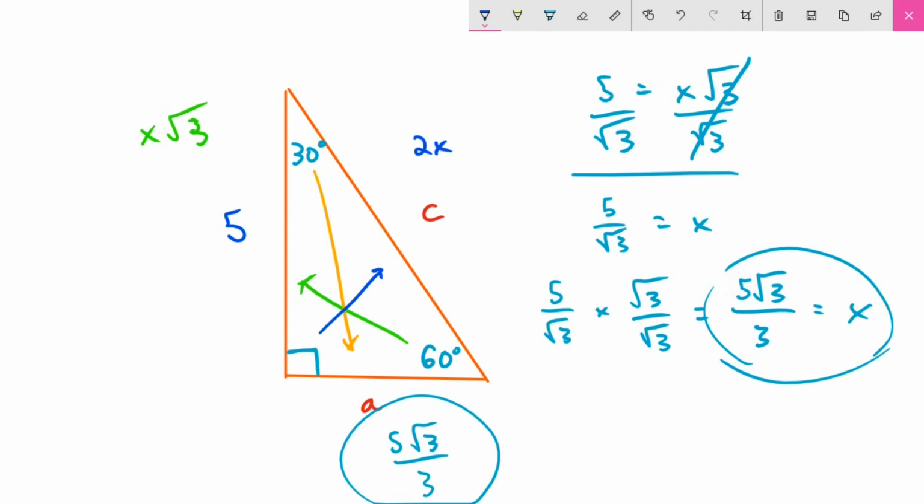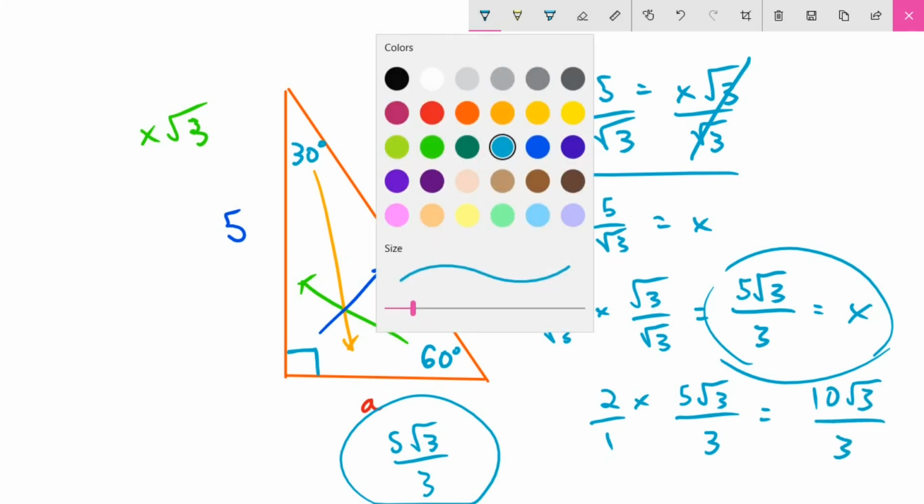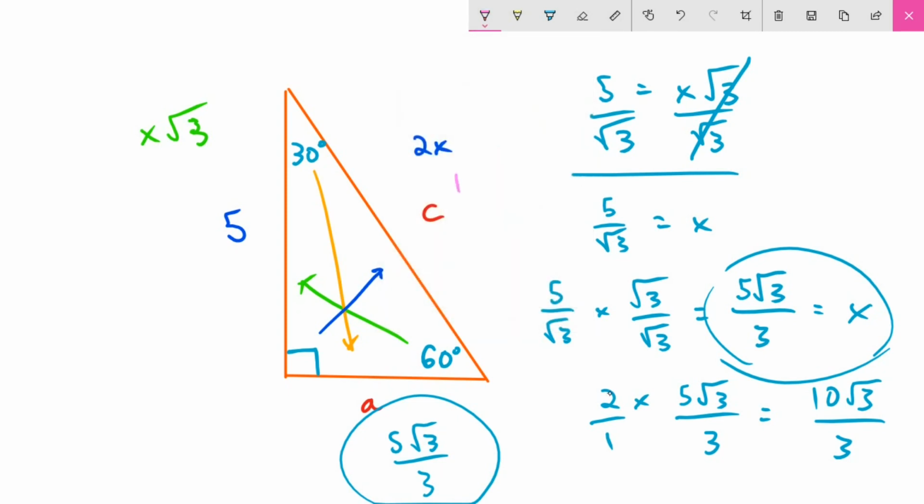All I have to do is multiply that by 2. So 2 times 5 square roots of 3 over 3 would equal 10 square roots of 3 over 3. So my c, the side length over here, is going to be 10 square roots of 3 over 3.